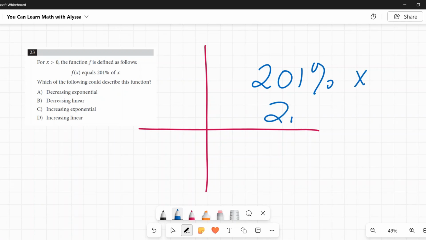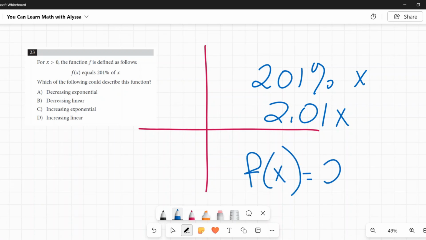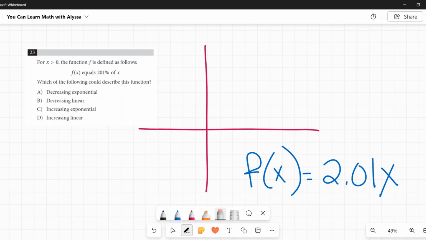201% can also be represented as 2.01 times x. So this says the function f of x is equal to 201% of x. That, my friends, is just a line. It's a line with a slope of 2.01. So it's going up about like that.